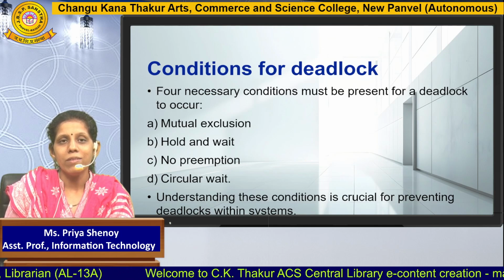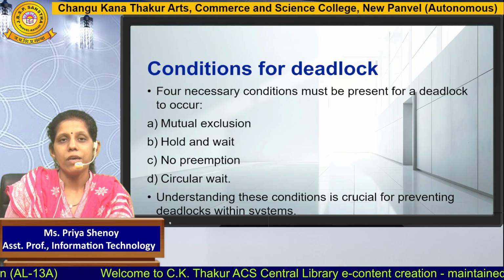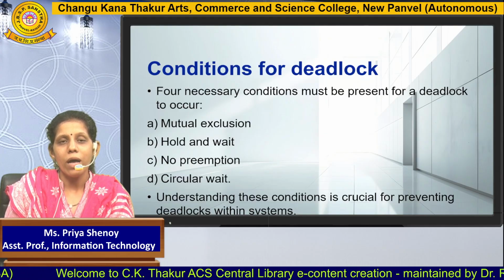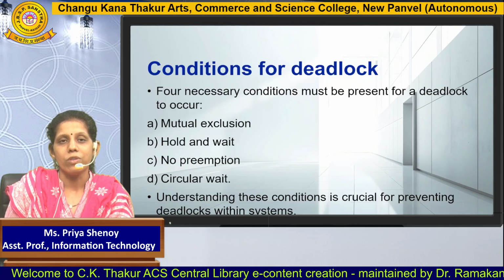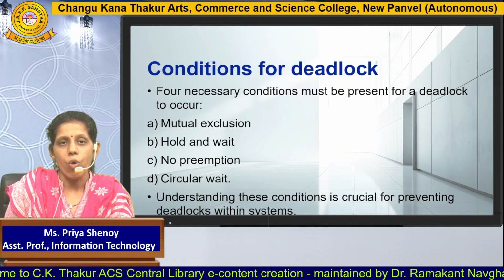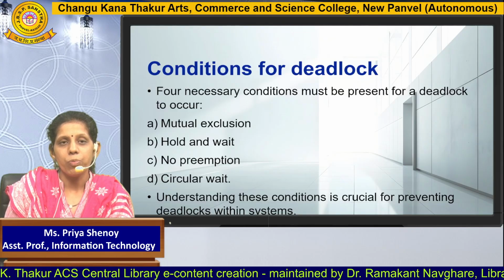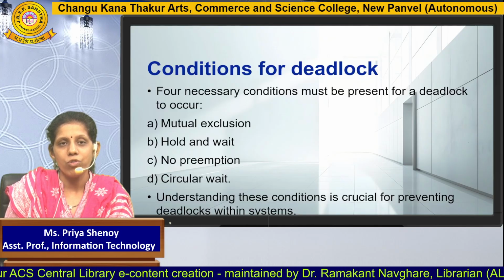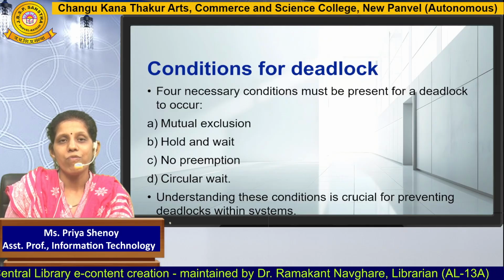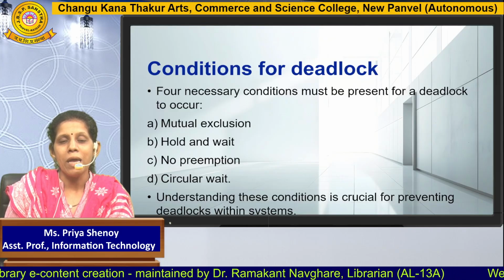Mutual exclusion means when one particular process is using the resource, no other process is allowed to use the same resource. In hold and wait condition, each process will be holding some resource and it will be waiting for some other resource to be acquired.